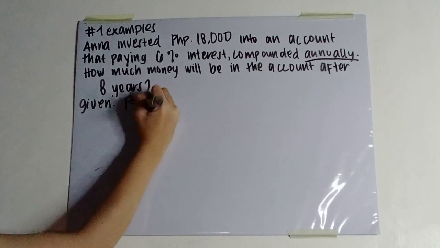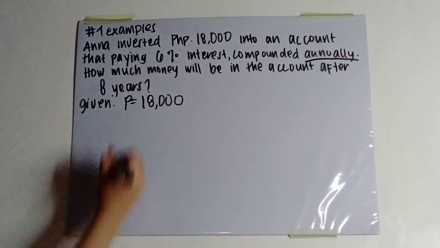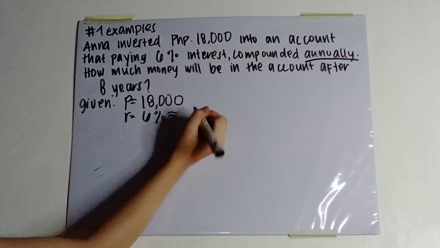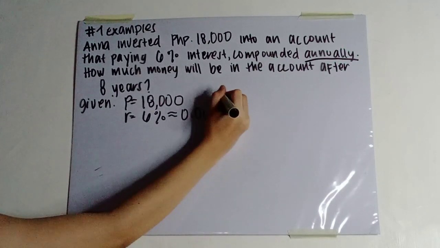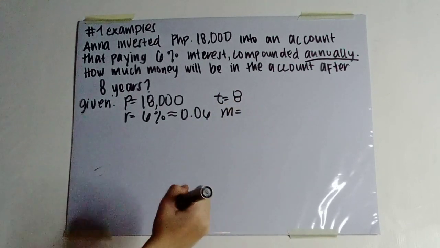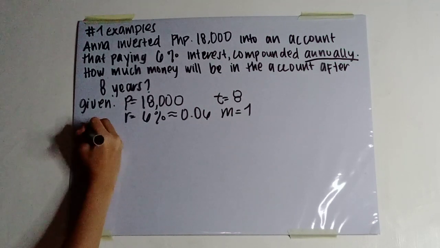The principal is 18,000 pesos. The rate is 6%, and convert it into decimal, so 0.06. Time is 8 years, and M, since annually, is 1. Then write the solution.